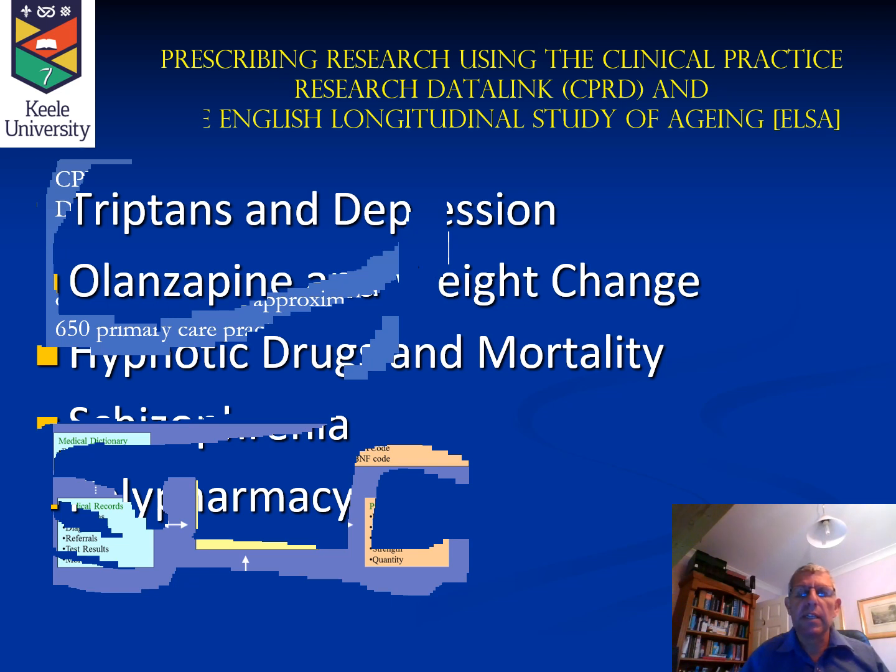In order to access the database, you have to provide CPRD with this information, and they will either say it's okay or ask you to revise your protocol. They want to make sure that they're getting high quality research from the database.